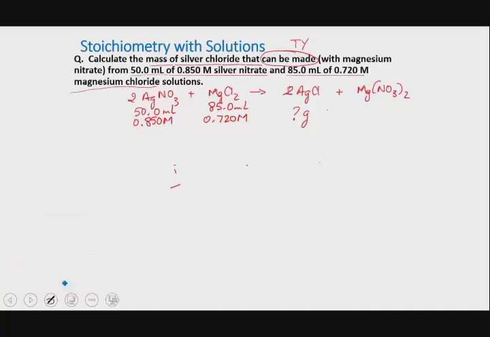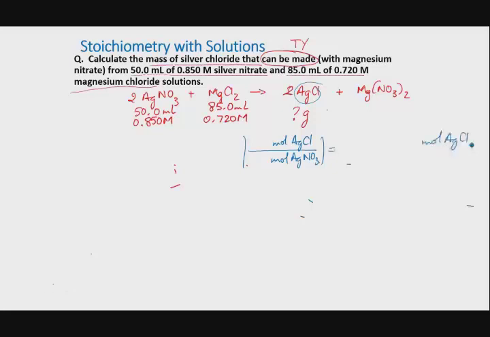Which reactant will control the maximum amount of silver chloride that can be made in this process? Which means basically, if you remember the process of determining limiting reactant, we select a product to work with. In this case, let's select silver chloride to work with because that's our focus. In other words, in order to figure out limiting reactant, we need to figure out the number of moles of silver chloride we can get from moles of silver nitrate.